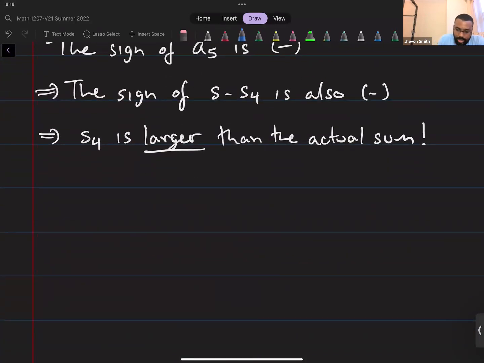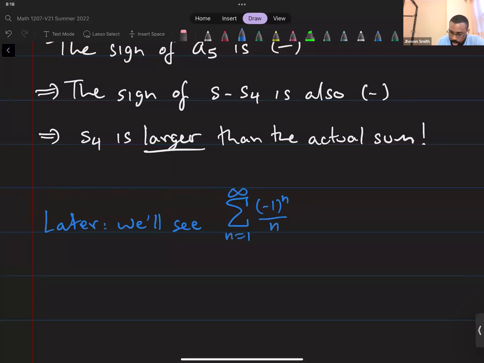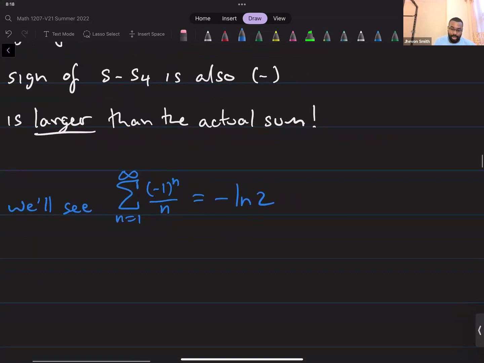I did mention this, so later, I will actually prove it to you. We'll see that this series is equal to, it's actually minus ln2, which is a very strange thing to be, which, by the way, is actually about 0.7.